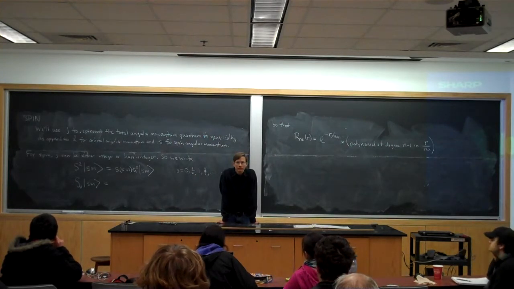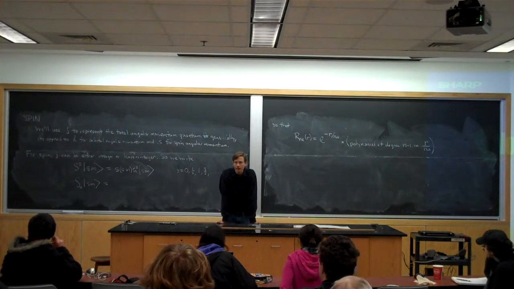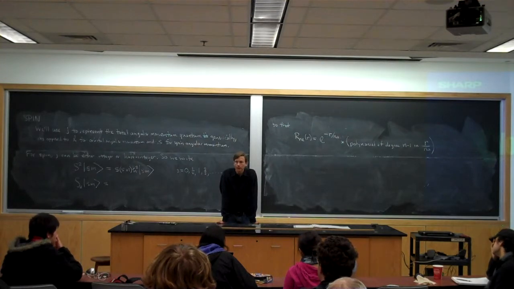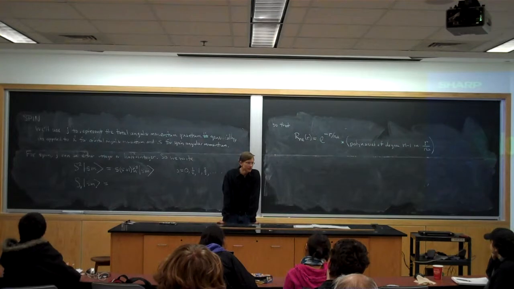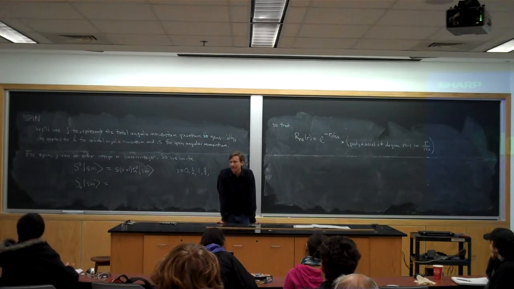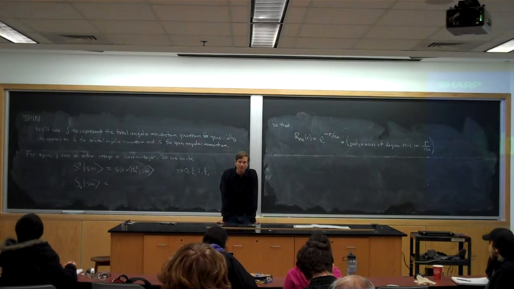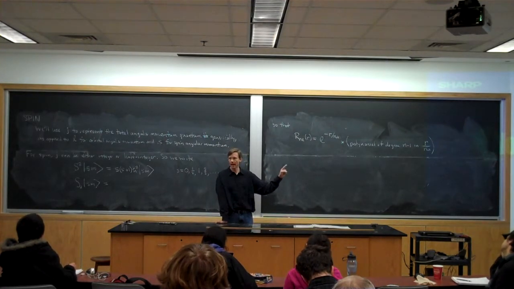Everything from negative 2 to 2 in steps of 1. The same thing applies here. So what if s were equal to 3 halves? What are the allowed values of m in that case? Negative 3 halves to 3 halves in steps of 1. So that's minus 3 halves, minus 1 half, 1 half, or 3 halves.